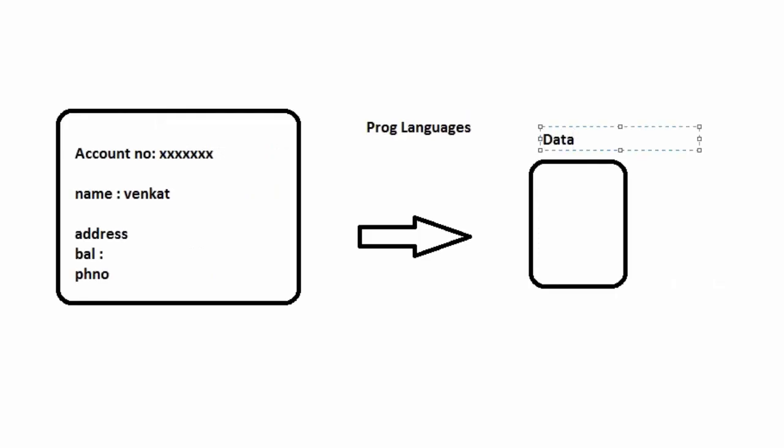So what exactly is a database? A database is nothing but a software package that stores the data in the form of tables. We have tables in the database where the data will be stored.